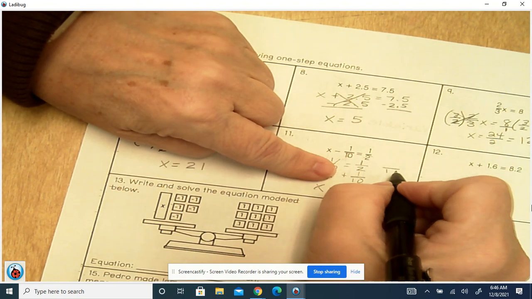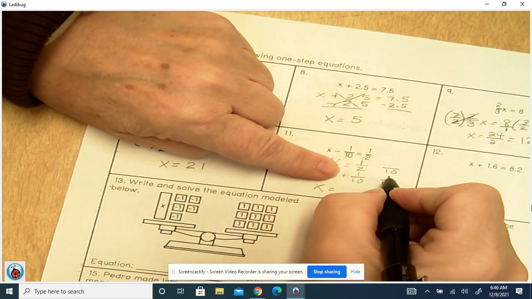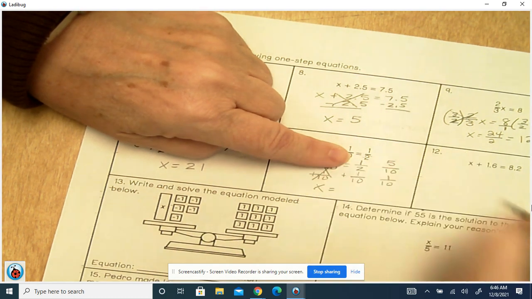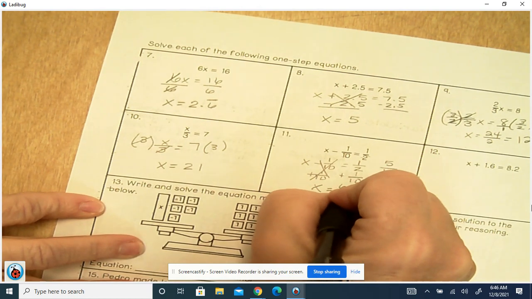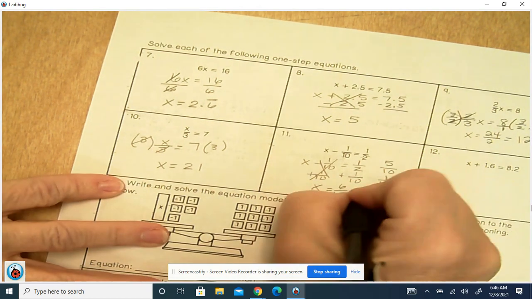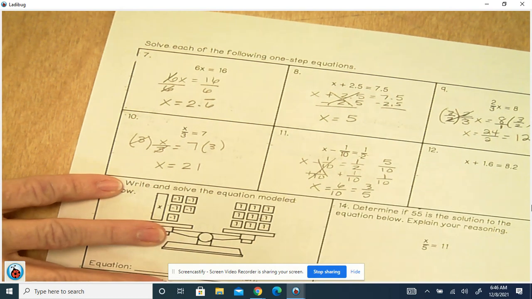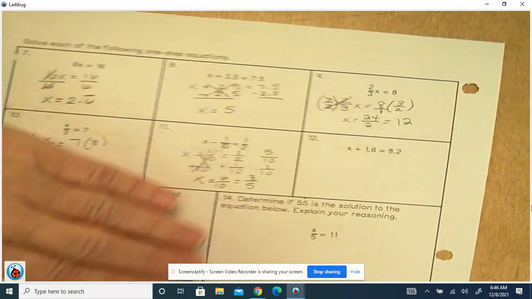For 10 and 2 it is 10. 10 goes into 10 one time, 1 times 1 is 1. 2 goes into 10 5 times. 5 times 1 is 5. 5 plus 1 is 6/10, which simplifies to 3/5. Remember, on the calculator, it's math equals, and that'll simplify that for you.